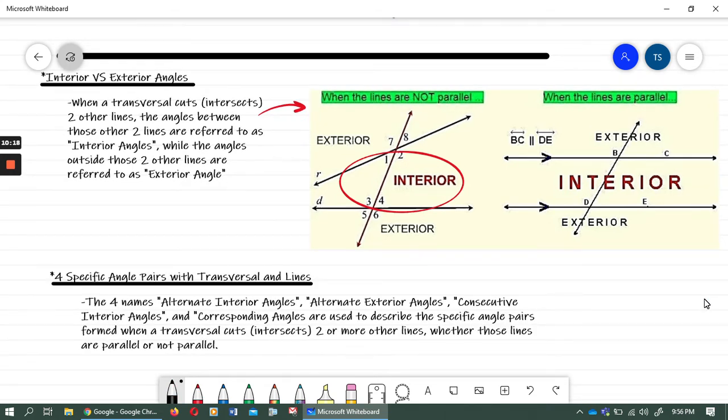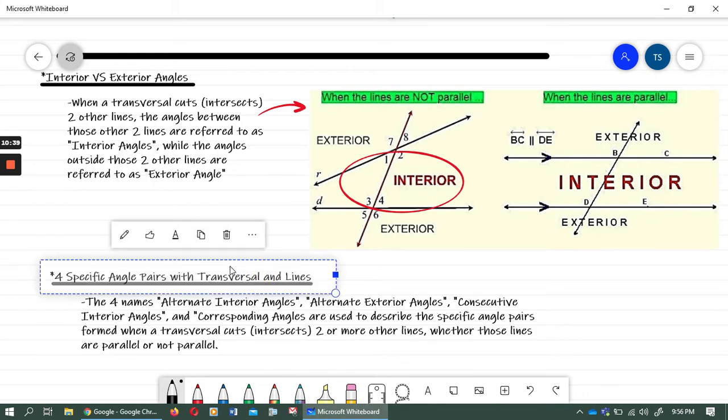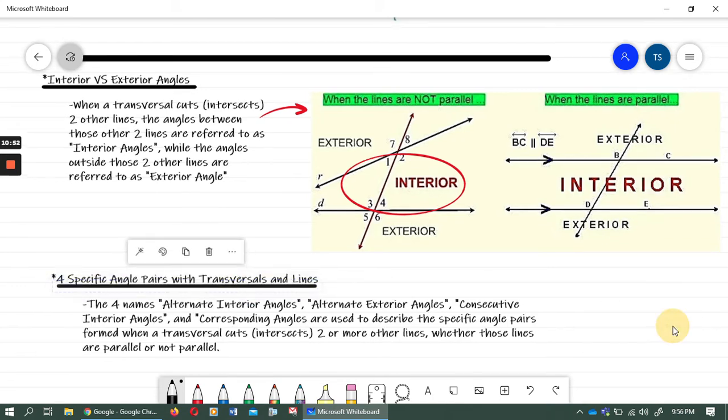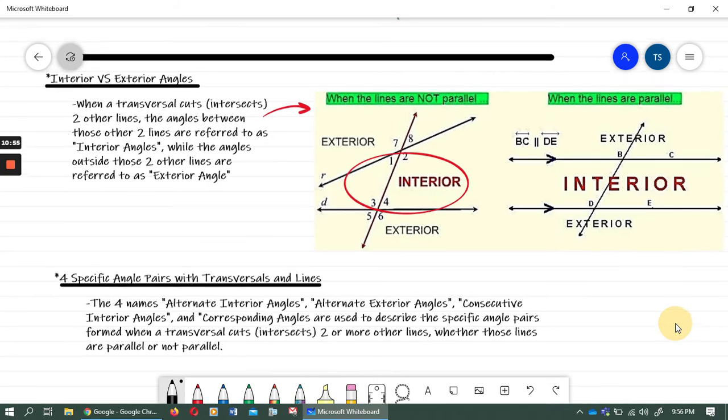If we understand the difference between interior angles and exterior angles, that's a part of us getting these four specific angle pairs with transversals and lines. When we do have transversals and lines, there will always be four specific types of angle pairs.